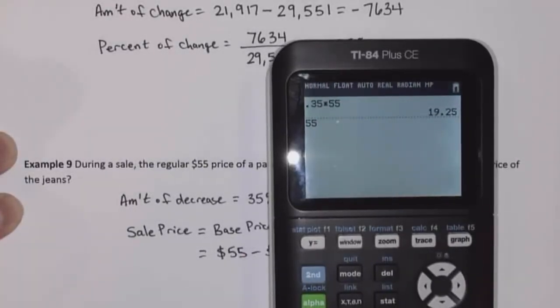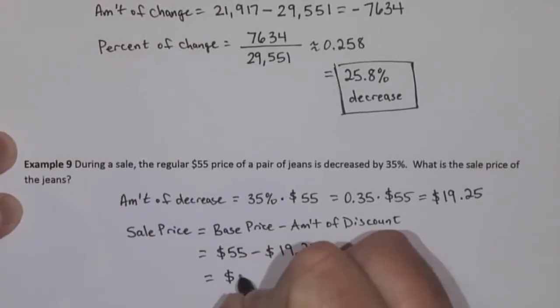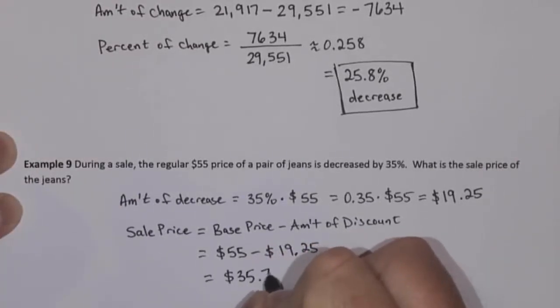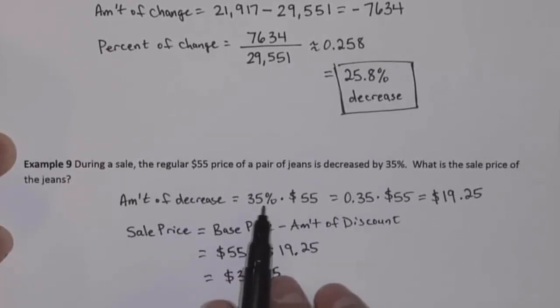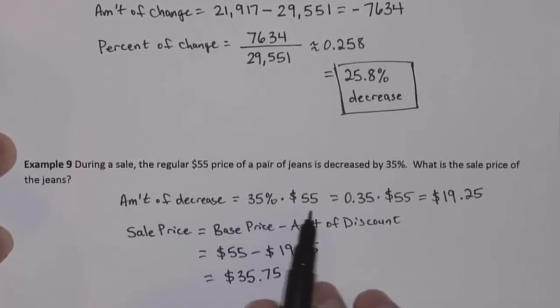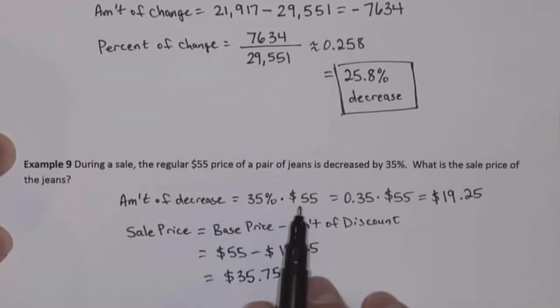So 55 minus $19.25, that is $35.75. So the sale price for the jeans is $35.75. So for this problem, I figured out the amount of decrease, which in this case was a discount, and then I subtracted that from my original amount, or the base amount.